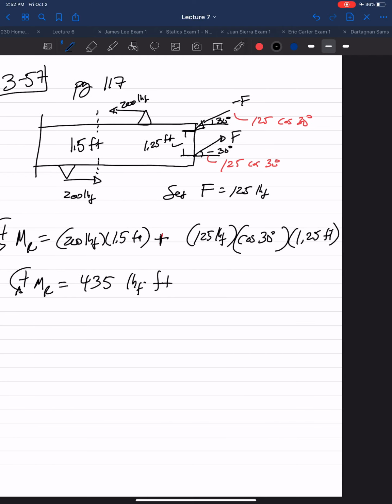Take a look at another one. Problem 360, page 118. Determine the required magnitude of the couple moments M2 and M3 so that the resultant couple moment is 0. I'm just going to simplify this drawing right quick.